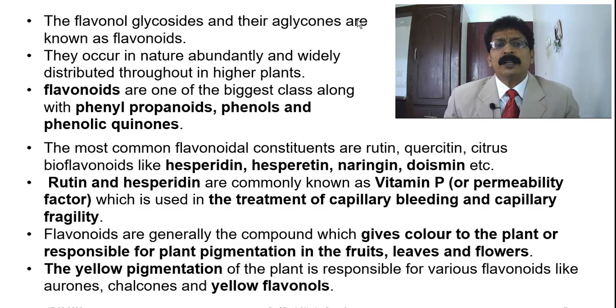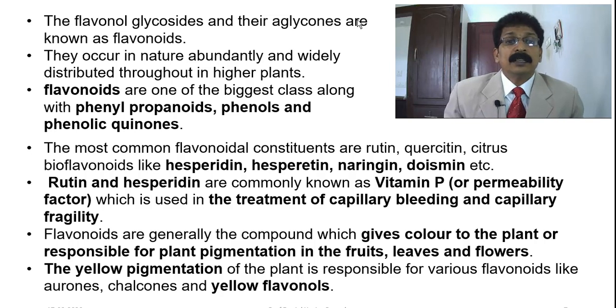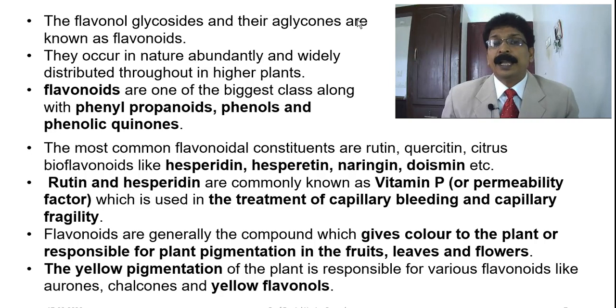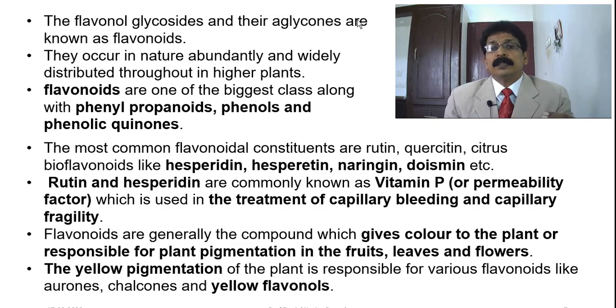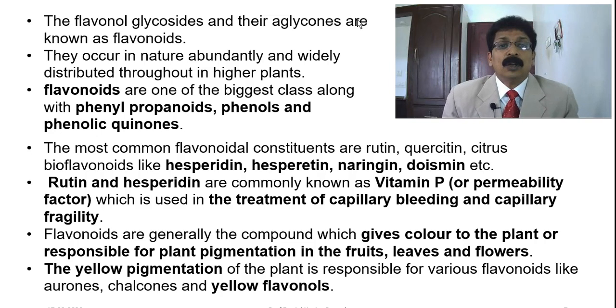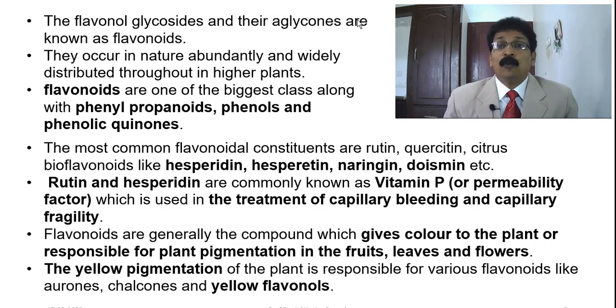The most common flavonoidal constituents are rutin, quercetin, and citrus bioflavonoids like hesperidin, naringenin and diosmin, etc. Rutin and hesperidin are commonly known as vitamin P or permeability factor, which is used in the treatment of capillary bleeding and capillary fragility.